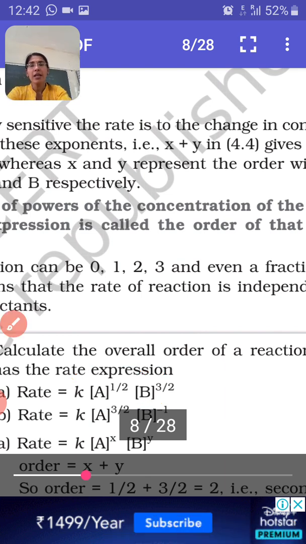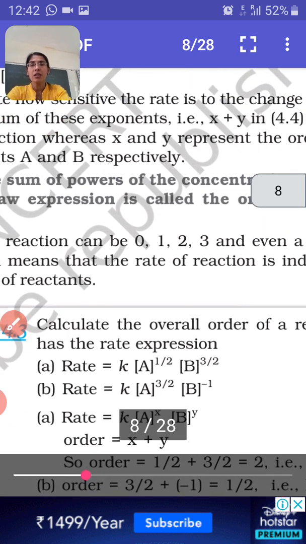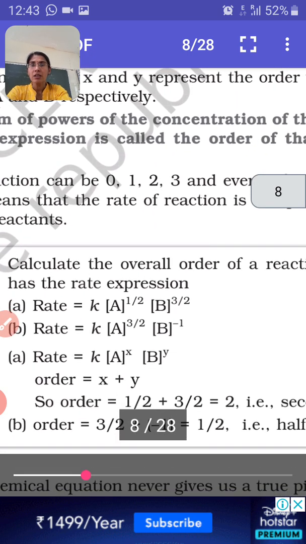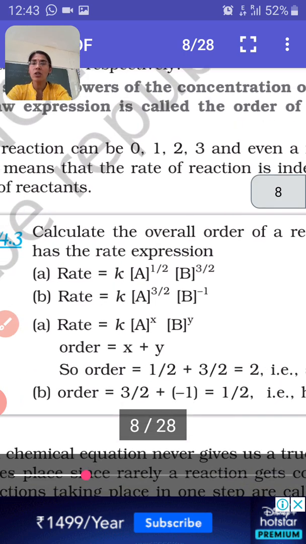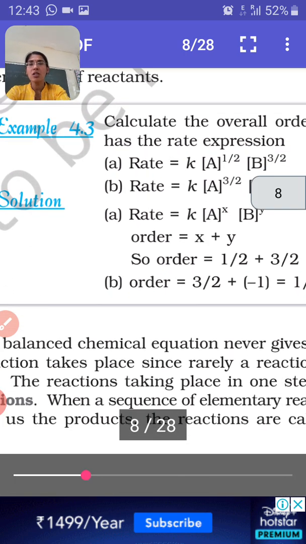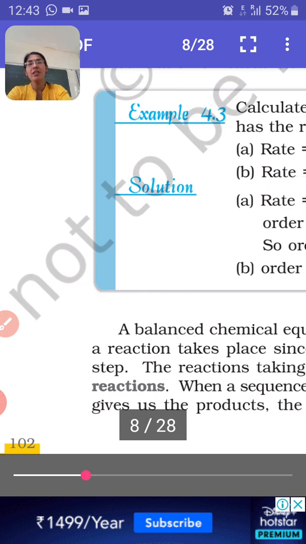And taking the example 2, here the order of reaction will be equal to 3 by 2 plus minus 1, and this will give you the overall order of reaction as 1 by 2. So this is all about the order of reaction. Rest we will study in the next video.